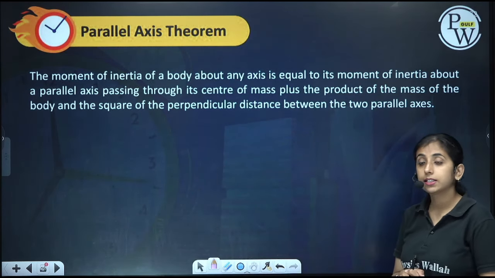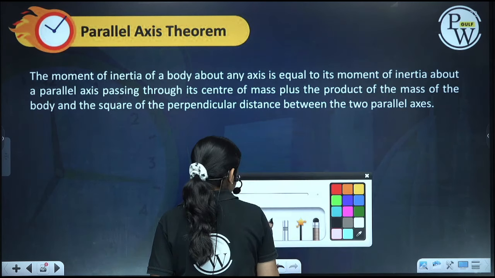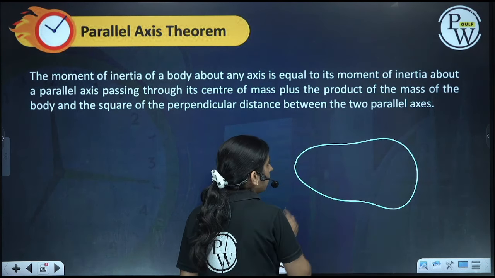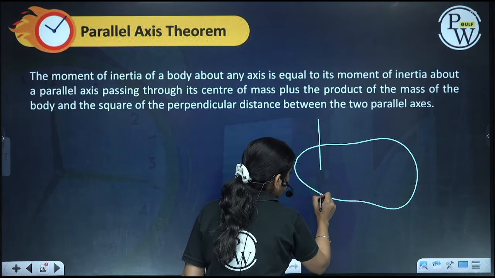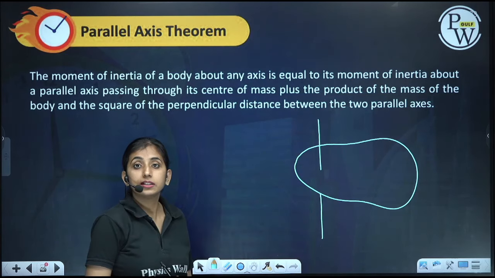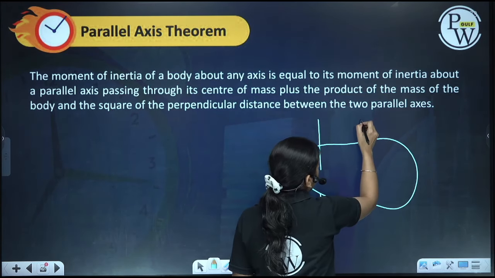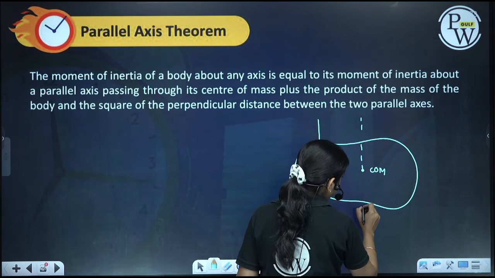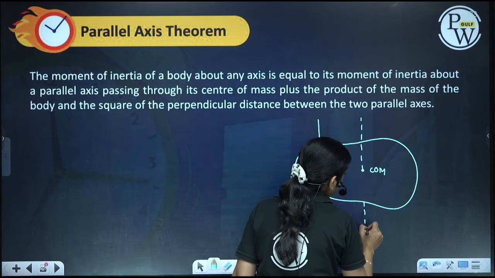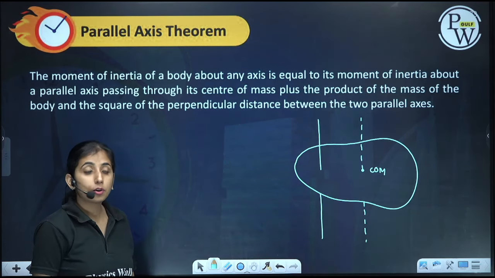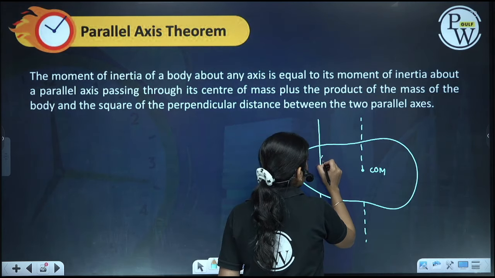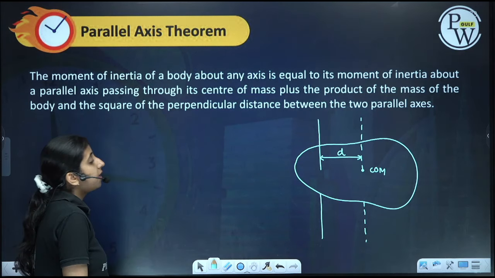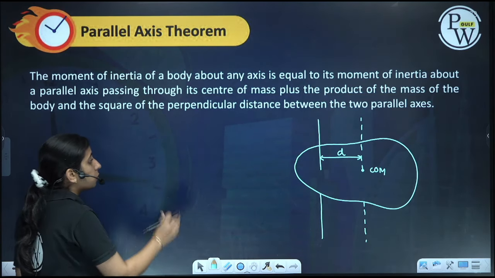What does the parallel axis theorem say? See, the parallel axis theorem says that if you have any arbitrary rigid body and you want to find the moment of inertia of this body about this axis, first draw a parallel axis passing through the center of mass of the body, such that the perpendicular distance between the two axes is d.